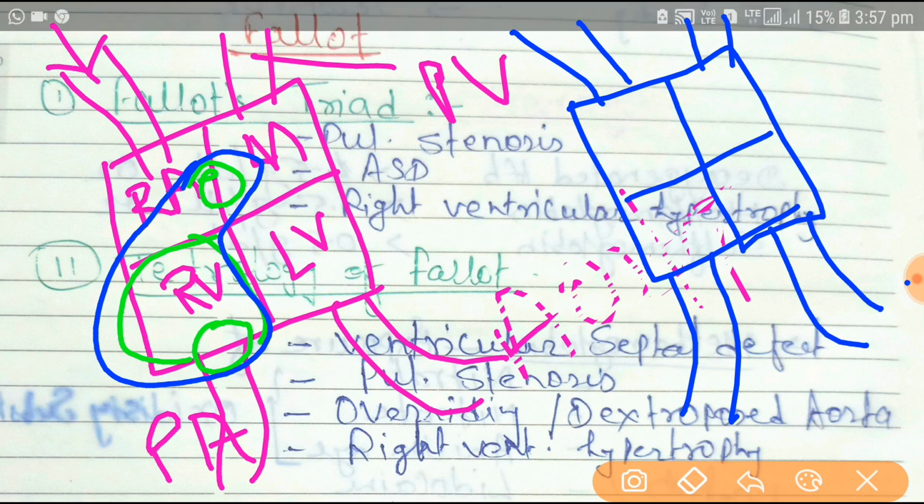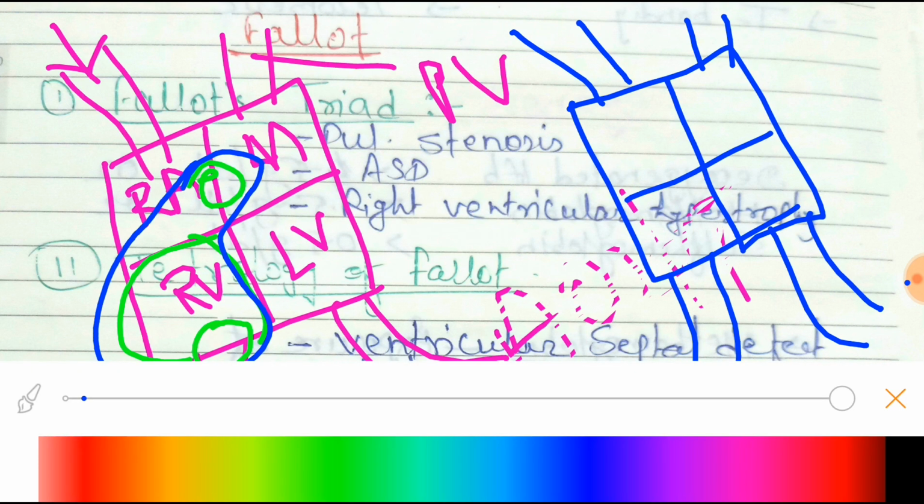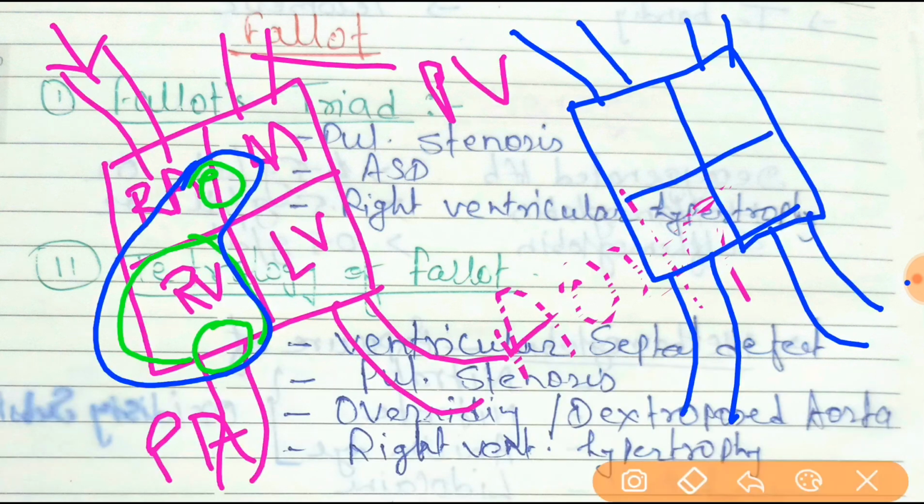Okay, then here is tetralogy of Fallot, that means defects in ventricular septal defect, pulmonary stenosis, overriding or dextroposed aorta here.